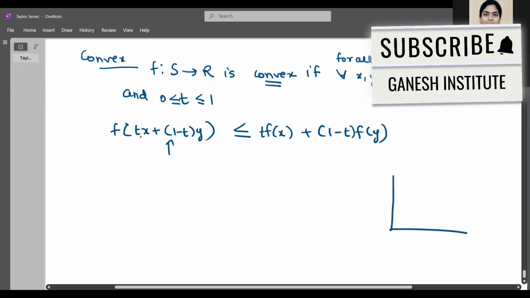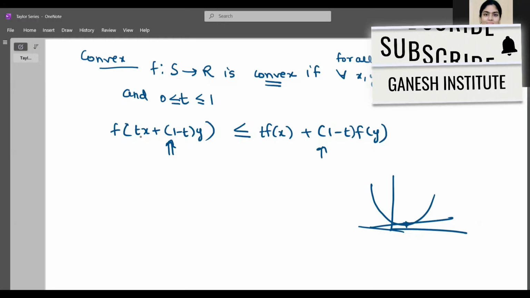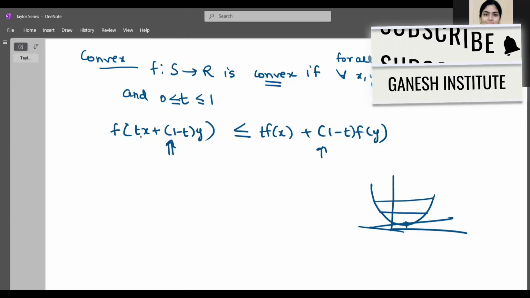So it is the same as when you were saying that if it is convex and my tangent is down here, that will give me the minima point. So if I'm considering any of such values, which is the linear combination, it will always give me a lesser value than the separated x and y, which will be above or on the graph. Equal is on the graph and greater is above the graph.